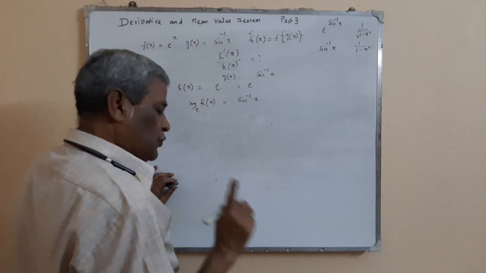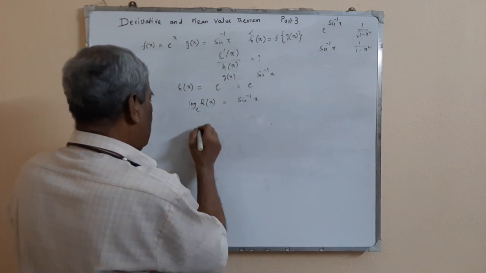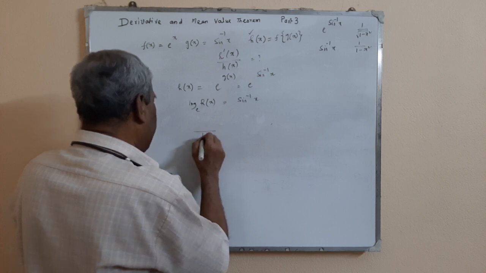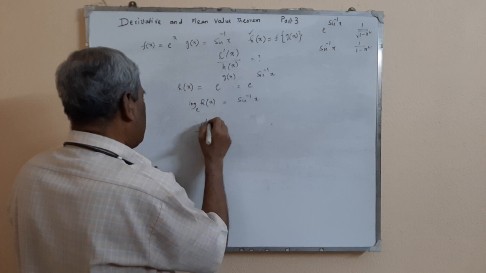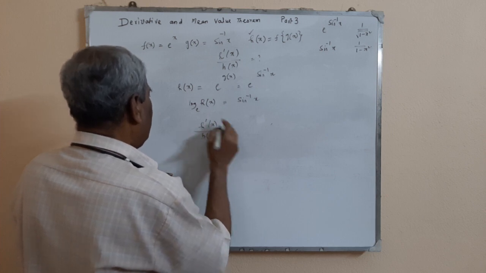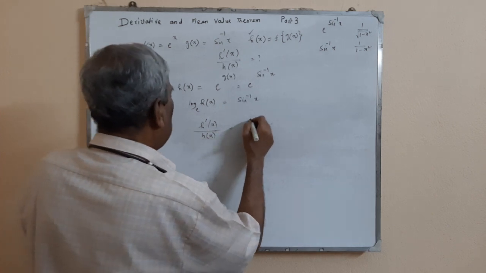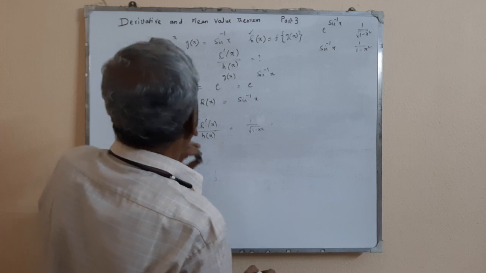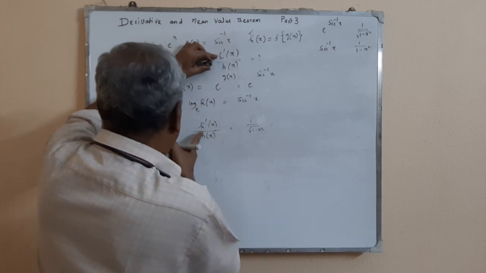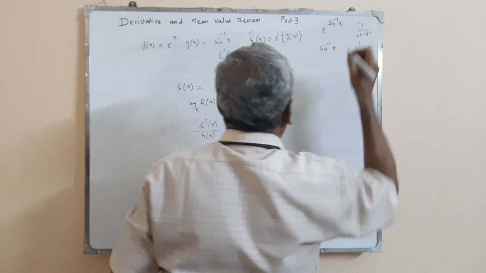Now differentiating both sides with respect to x, it is 1 upon h(x) into derivative of h(x), and the derivative of the right side is equal to 1 by root over 1 minus x square. I think this is our answer, h'(x) by h(x). So option B is correct.